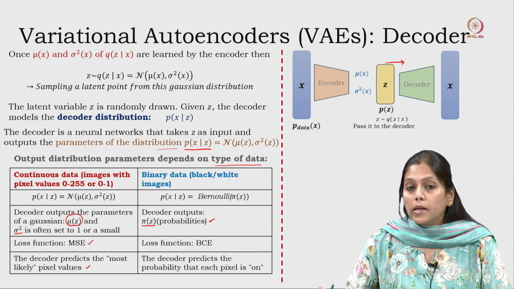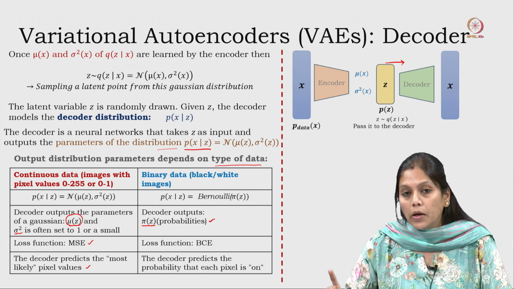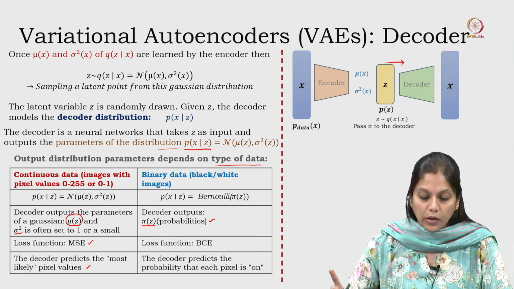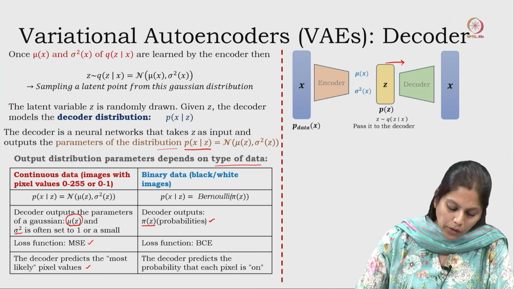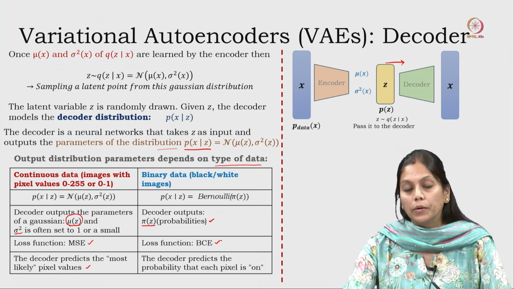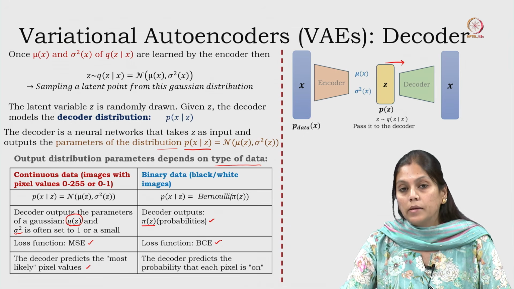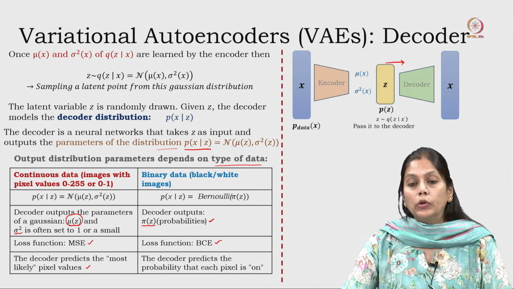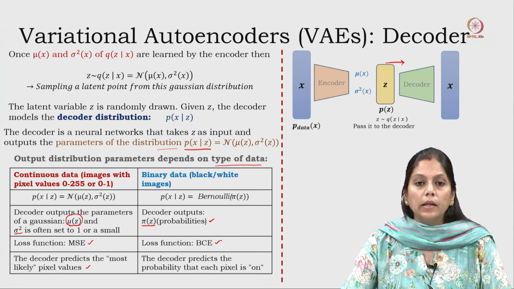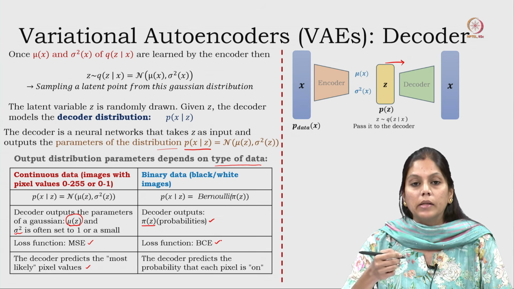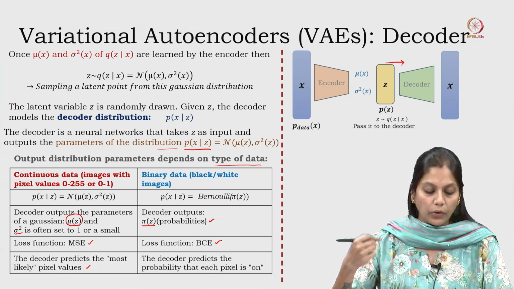If this is the case, we will be using the binary cross entropy loss. Ultimately here, the aim of a decoder is to predict the probability of whether each pixel value is on or off.